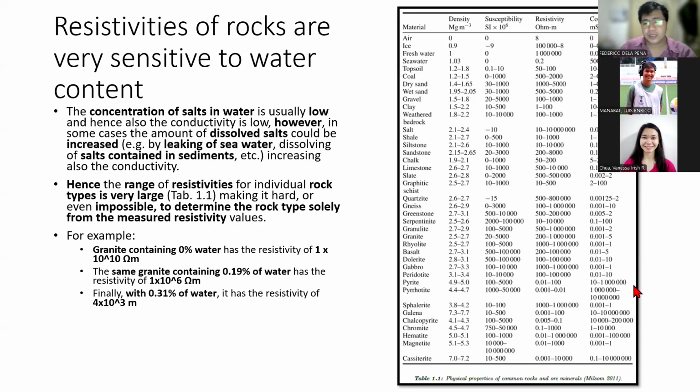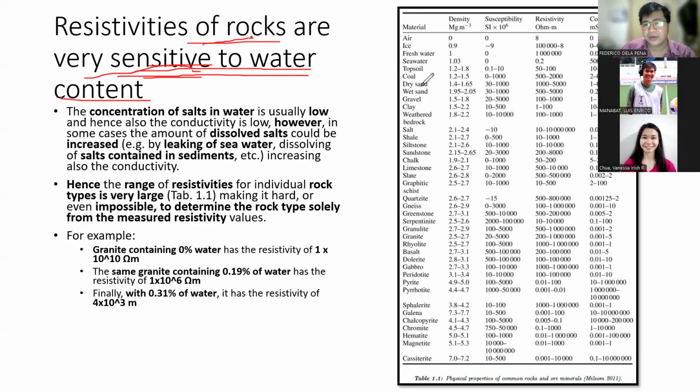And this is another important premise in resistivity. Rocks and soils are very sensitive to water content. When you're doing a resistivity survey, this is the first thing that you have to consider. Where is the water table? And what are the moisture conditions of your soils and rocks in the subsurface?